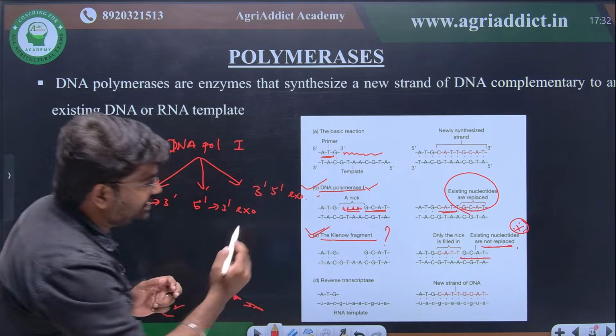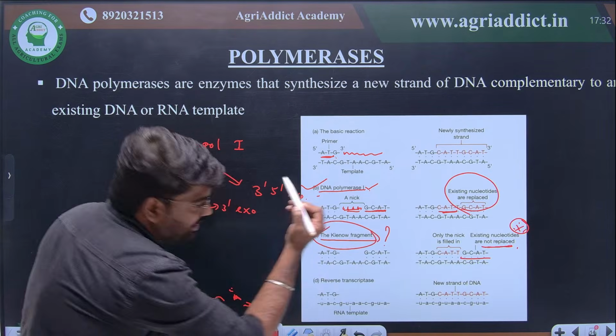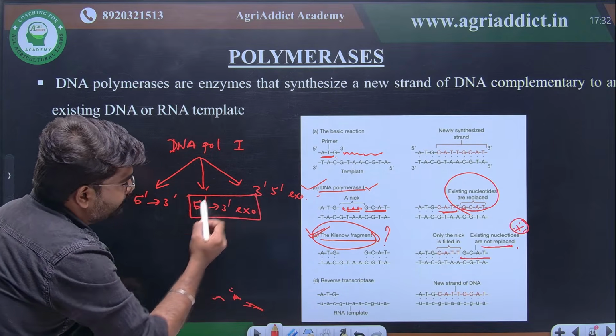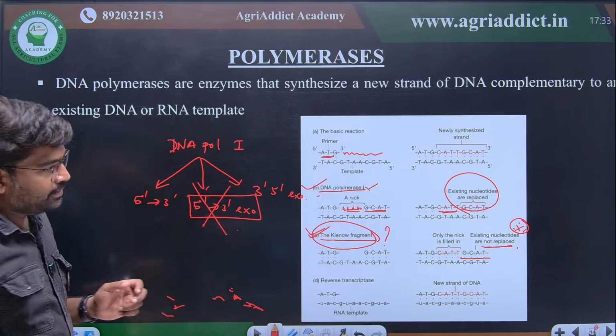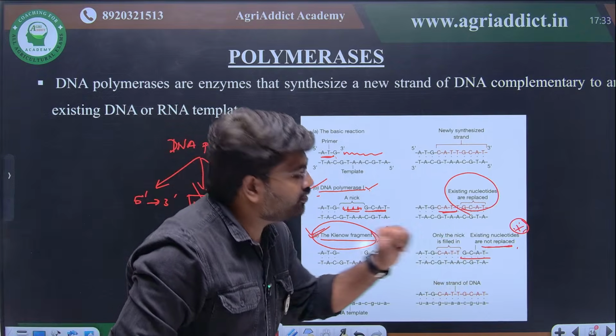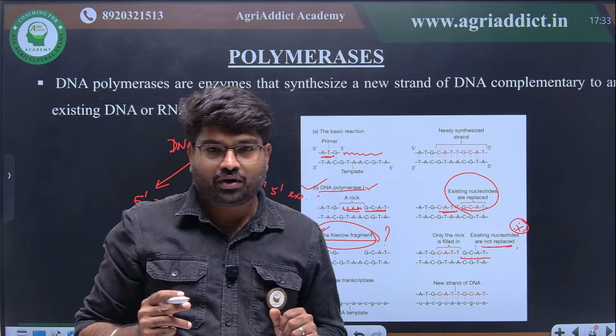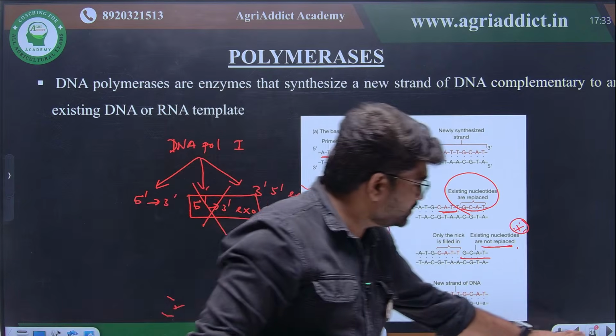This Klenow fragment of DNA polymerase lacks the 5' to 3' exonuclease activity. That's why the existing nucleotides are not replaced. I hope this is clear for everyone. This is the most important point.